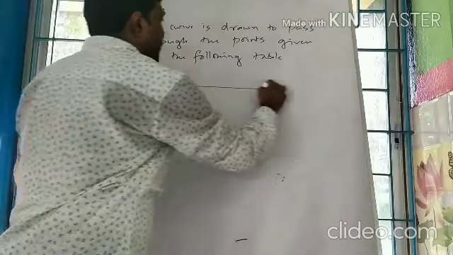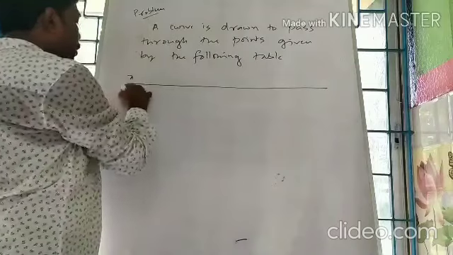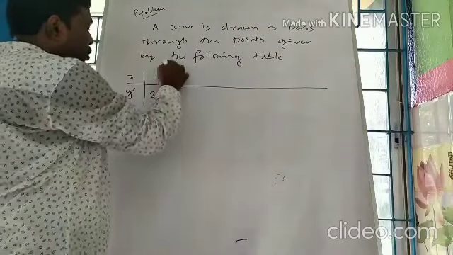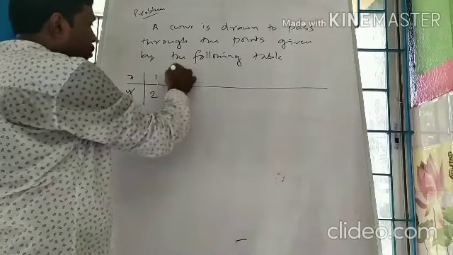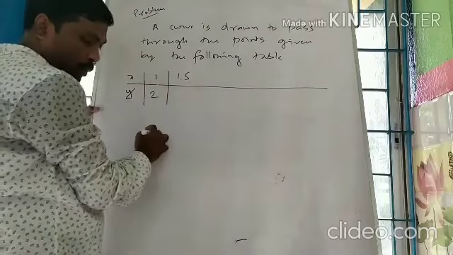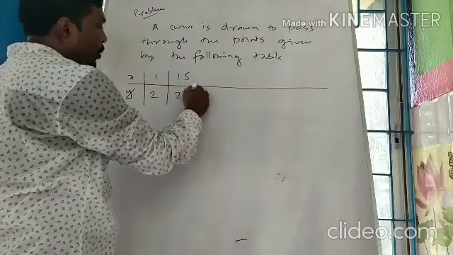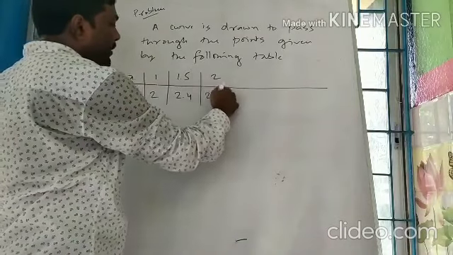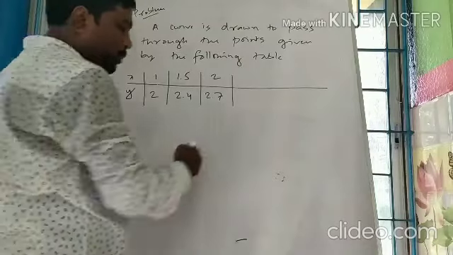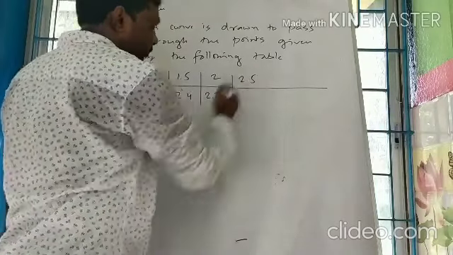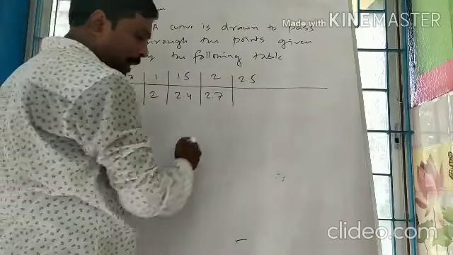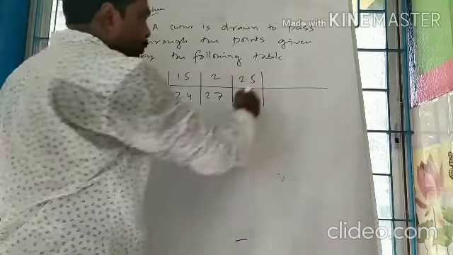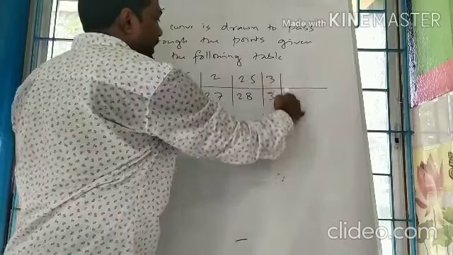X, Y. When x equals 1, y is 2. When x equals 1.5, y is 2.4. When x equals 2, y is 2.7. When x equals 2.5, it is 2.8. When x equals 3, y is 3.